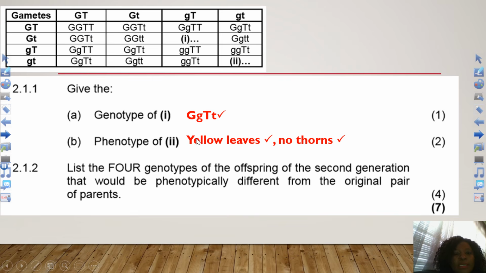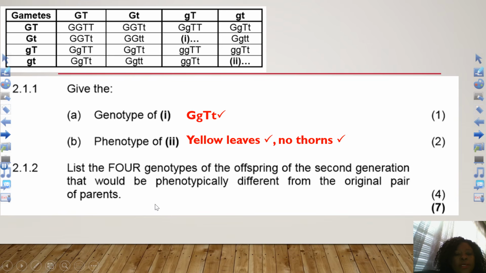So this offspring here is going to have yellow leaves. Remember, yellow is recessive to the green leaves. And then no thorns is recessive to the presence of thorns. So this plant has yellow leaves and it doesn't have thorns.